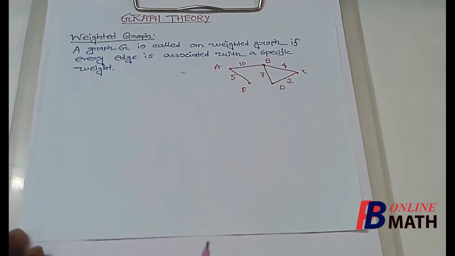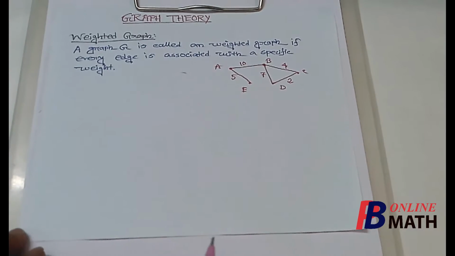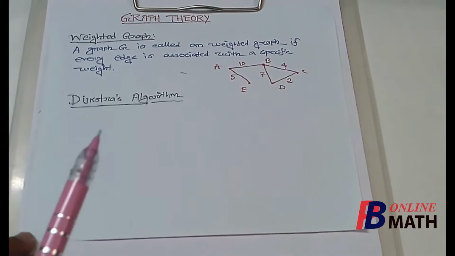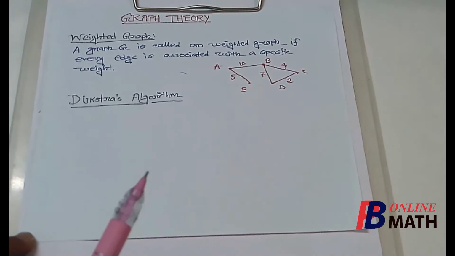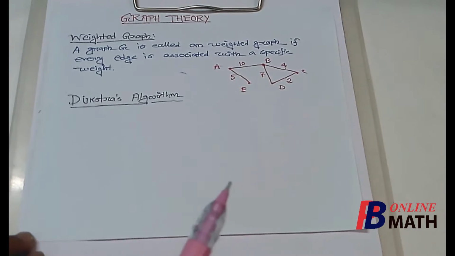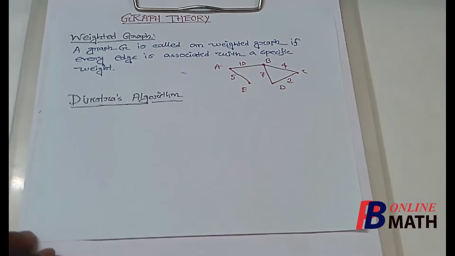The method by which we shall find this is called Dijkstra's algorithm. Dijkstra's algorithm is used to find the shortest path and corresponding shortest distance between any two vertices of a simple graph. Now let us consider one example.